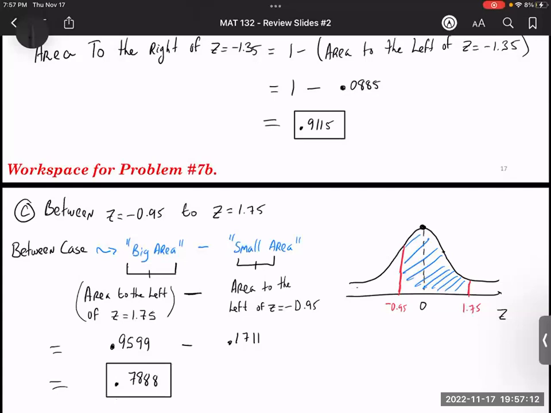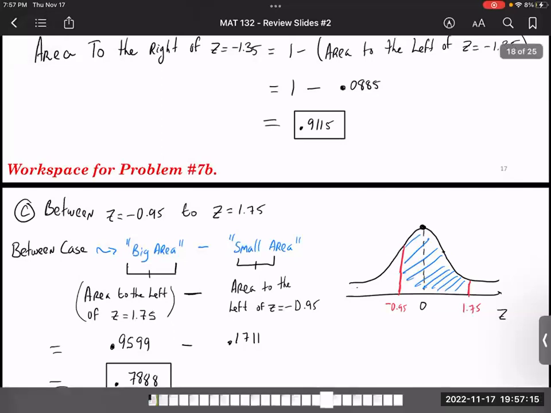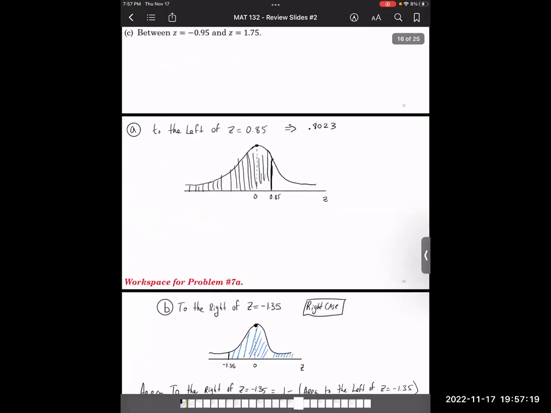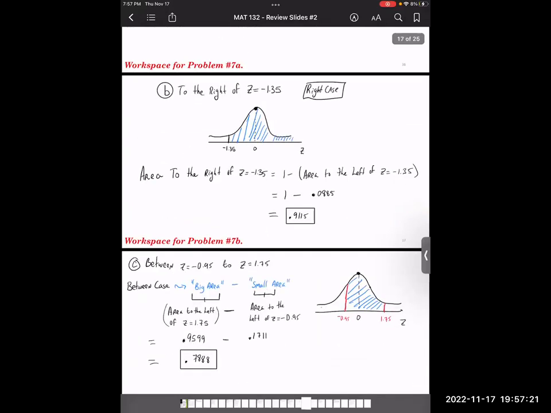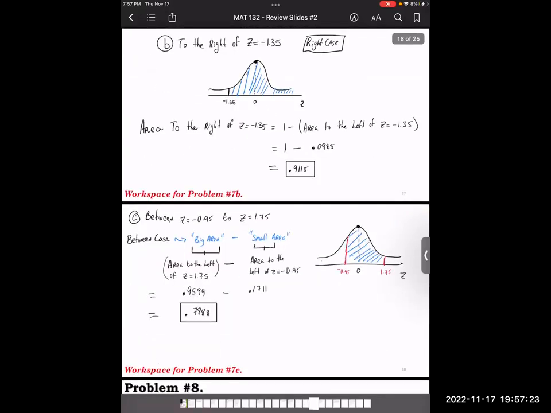Any questions with the between case? So we're going to rotate this. The left case is always the easier one. Just read the z table. But for the right and the between case, you just got a little bit more work to do. For the right case, you got to use the complement rule. It's always 1 minus area to the left of the given z value.